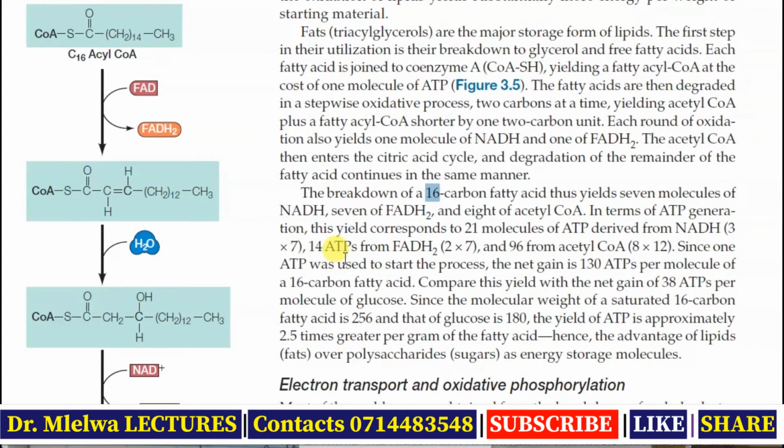Then 14 ATPs from FADH2. So 21 molecules of ATP from NADH and 14 ATP from FADH2, 2 times 7. And 96 from acetyl coenzyme A, which is 8 times 12.